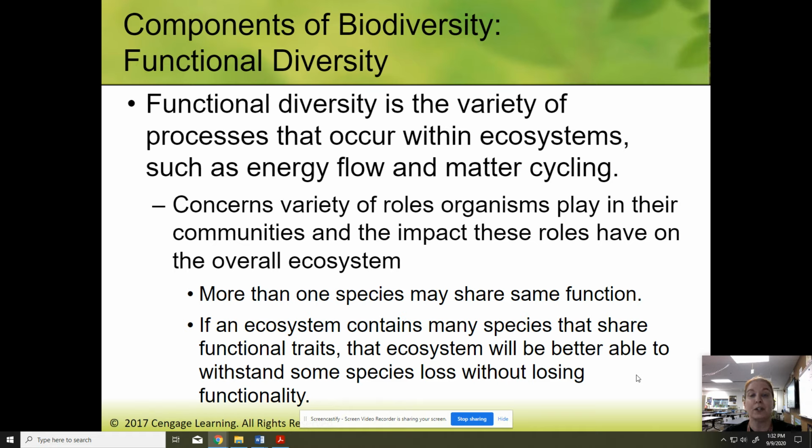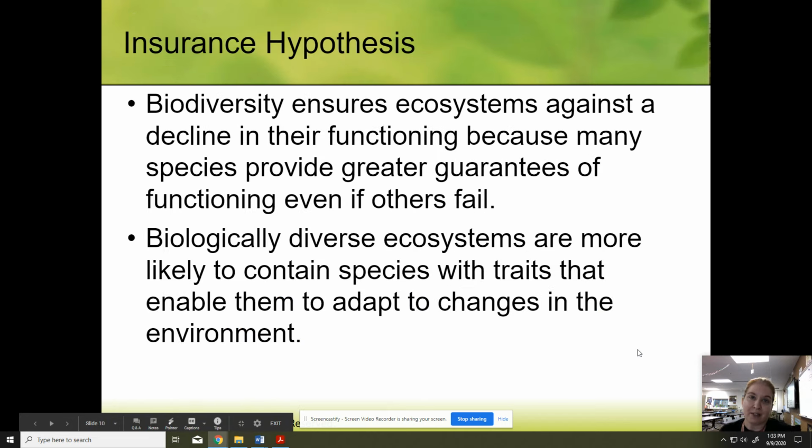So that's kind of functional diversity. The best sports teams out there have good players at all positions and have a good backup or two. The weaker sports teams are not going to have all of those positions filled, and they're not going to have a backup in case somebody is one torn ACL away from being benched. So there's that.